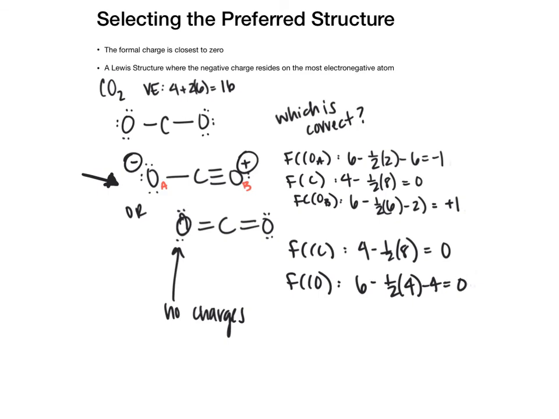It has a formal charge on 2 elements, but the more electronegative atom, oxygen, has both a negative charge and a positive charge. So the most preferred structure is our second structure. It's the one where there are no charges, or where the charges reside on the most electronegative atom.